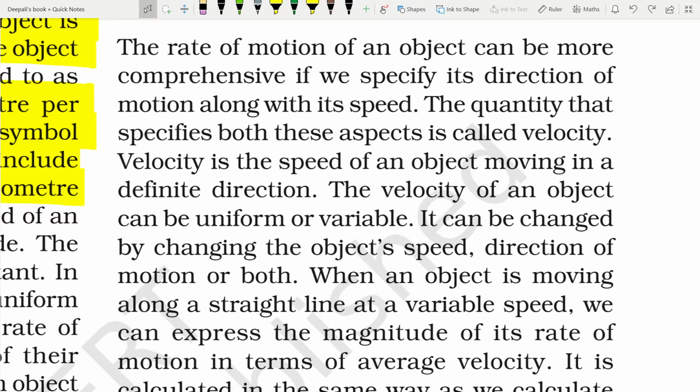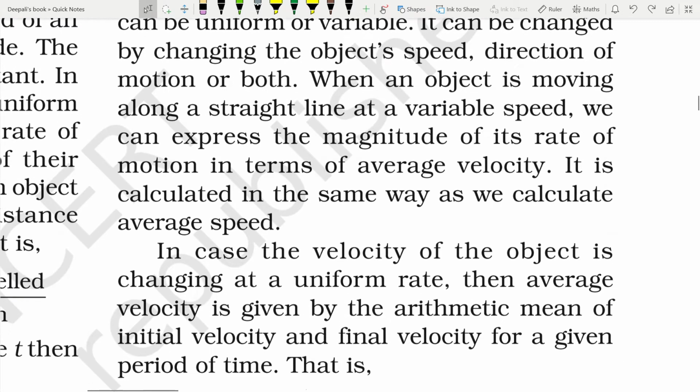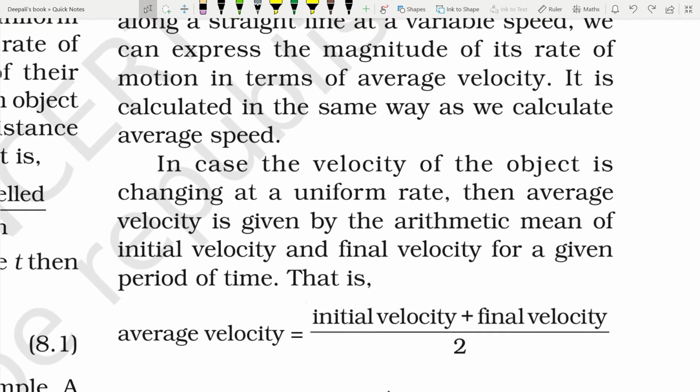When an object is moving along a straight line at a variable speed, we can express the magnitude of its rate of motion in terms of average velocity. It is calculated in the same way as we calculate average speed. In case the velocity of the object is changing at a uniform rate, then average velocity is given by the arithmetic mean of initial velocity and final velocity for a given period of time.